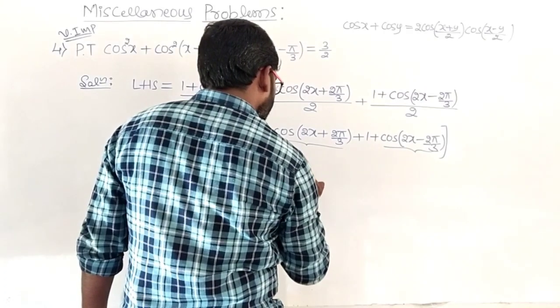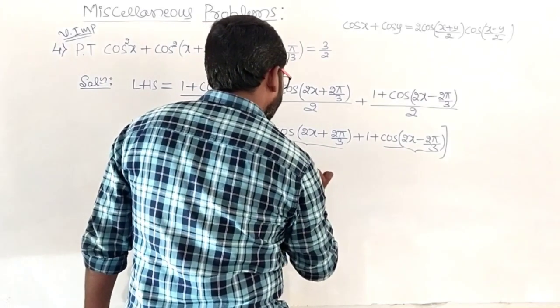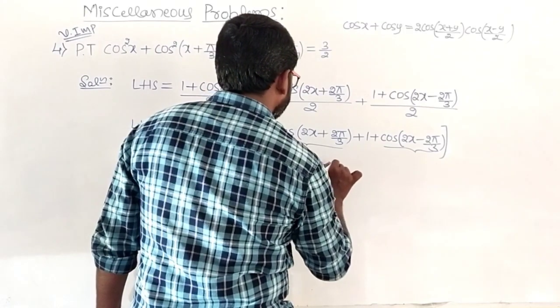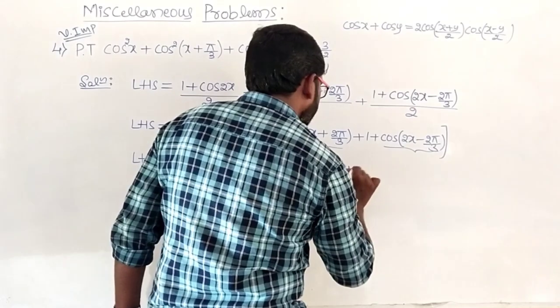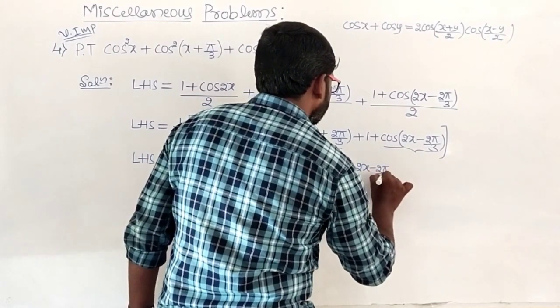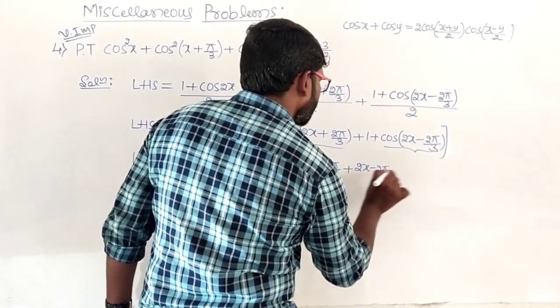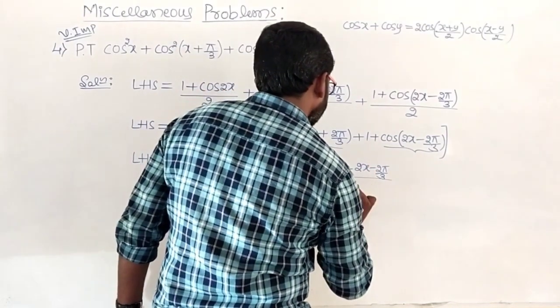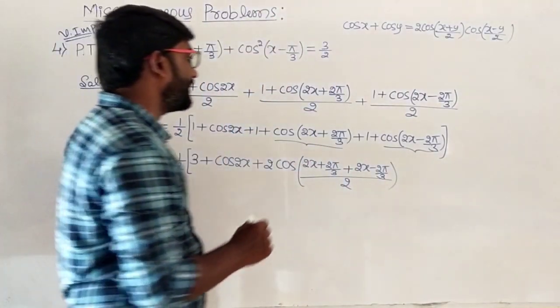So overall we get 2x plus 2 pi by 3, this is x, plus y, 2x minus 2 pi by 3. So x plus y whole divided by 2, then into cos of x minus y by 2.